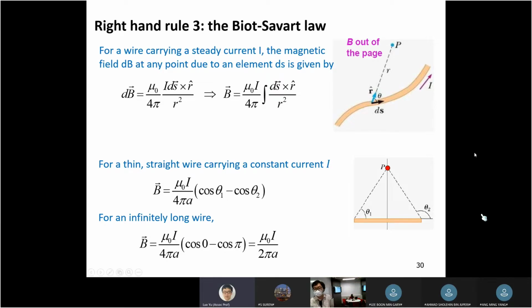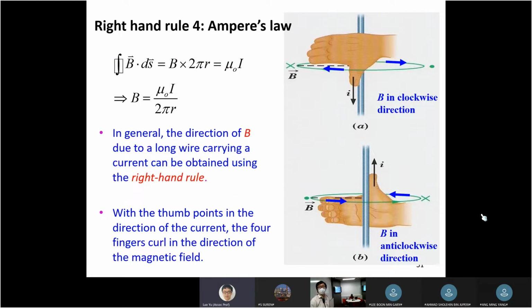So for example, Biot-Savart law, when we have a line current here, the four fingers enclose the field and the thumb is the direction of the current flow. In this case, our thumb points in this direction. So at the top, we have magnetic field out of the page, at the bottom magnetic field into the page. The same also applies here.